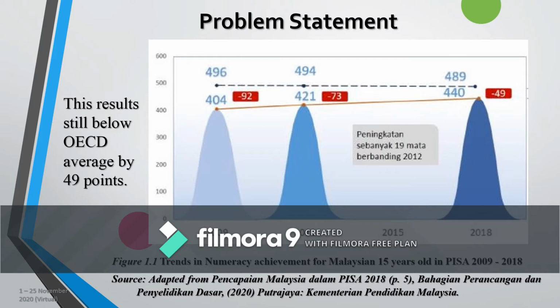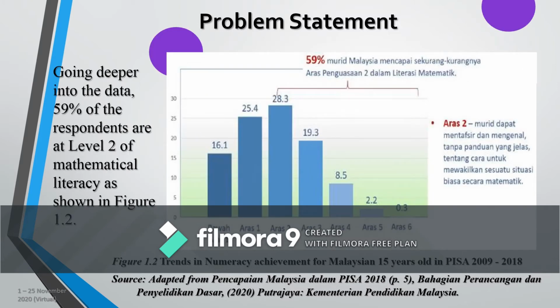Problem statement. As you can see from figure 1.1, this is a trend in numeracy achievement for Malaysian 15-year-olds in PISA from 2009 to 2018. Even though there is an increment, the result in 2018 is still below the OECD level. Going deeper into the data, 59% of the respondents are at level 2 of mathematical literacy as shown in figure 1.2.